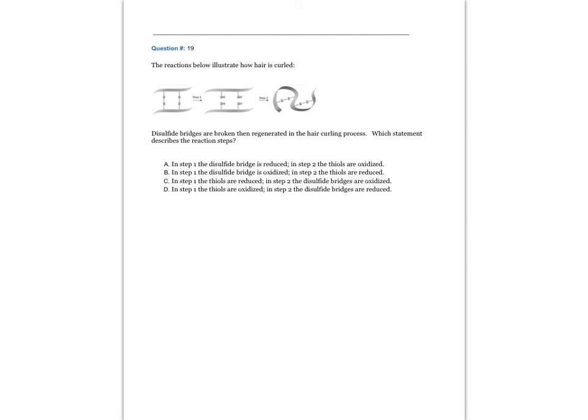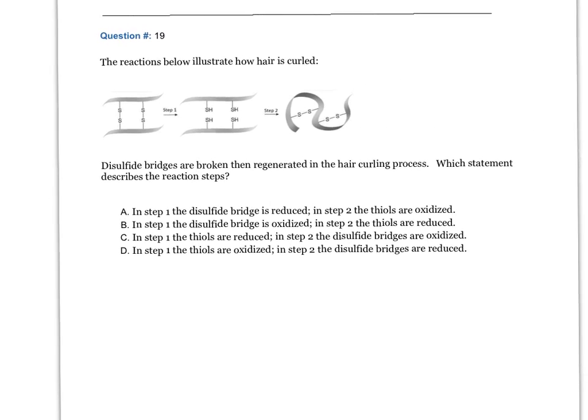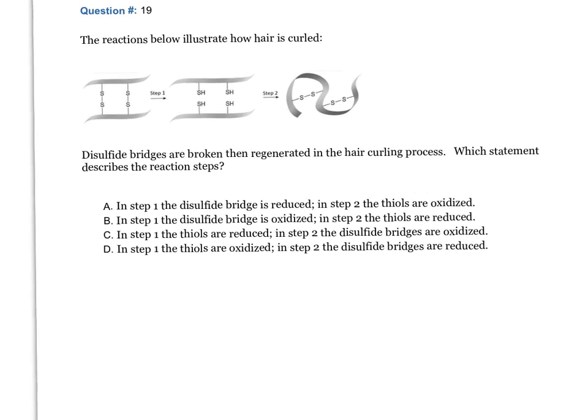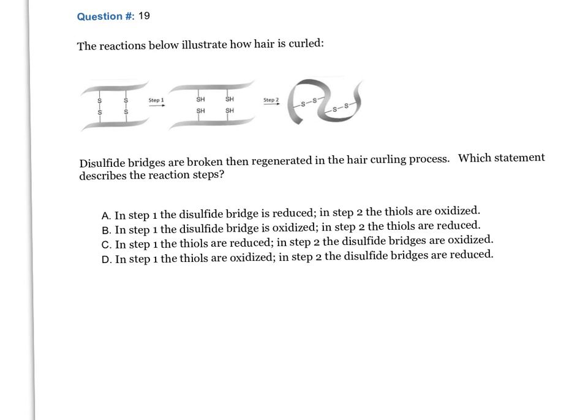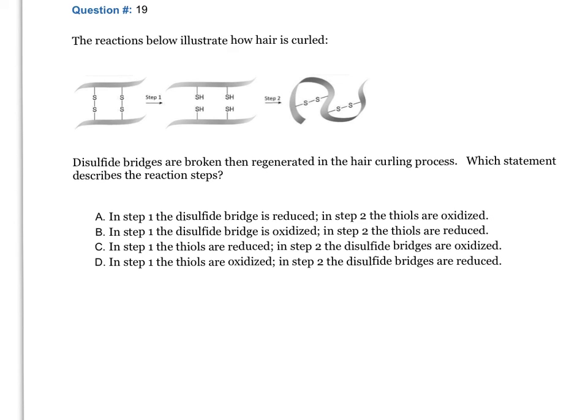Question number 12. The reactions below illustrate how hair is curled. Disulfide bridges are broken, then regenerated in the hair curling process. Which statement describes the reaction steps? Step 1, the sulfurs gain hydrogens. Step 1 is a reduction.